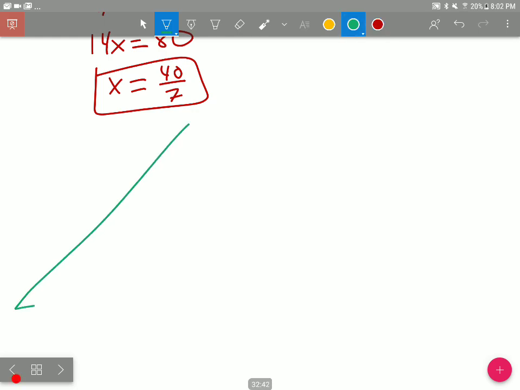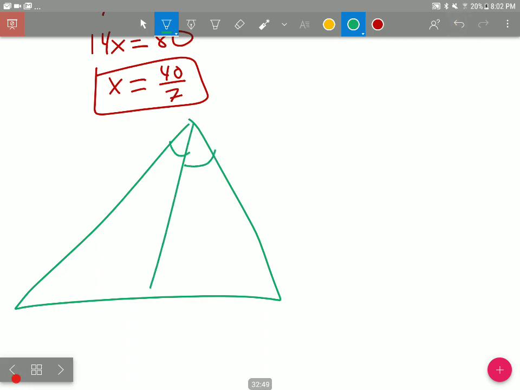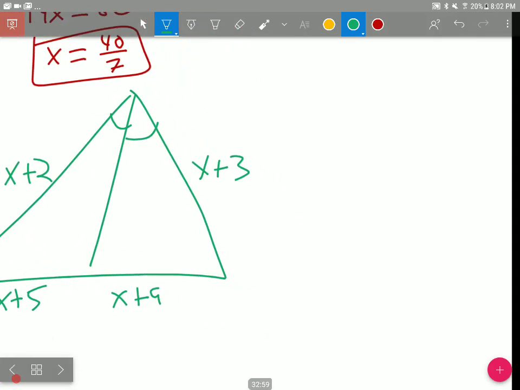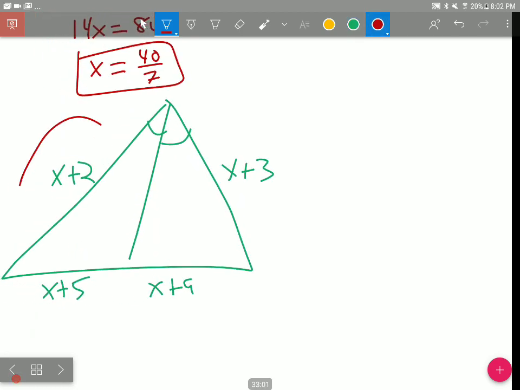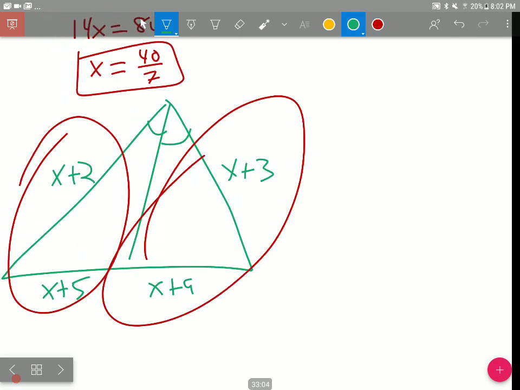So this one looks like that, sort of. That is congruent with that. So I got x plus 2, x plus 5, x plus 9, x plus 3. Oh my gosh, this is going to be a quadratic. So I'll do it the same way. x plus 2 over x plus 5 equals x plus 3 over x plus 9.